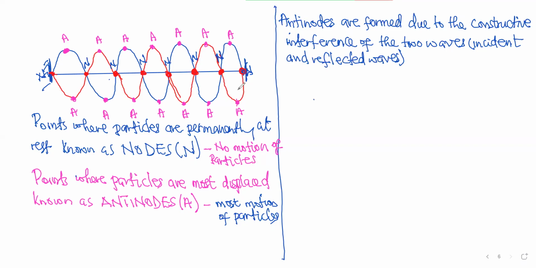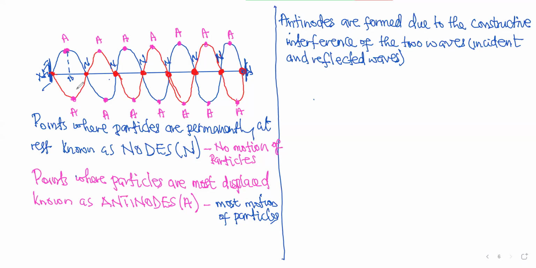When the two waves align themselves constructively, during constructive interference, the two waves occur at the same angle. Look at something: if this angle is 0, this is 180, this is 90.